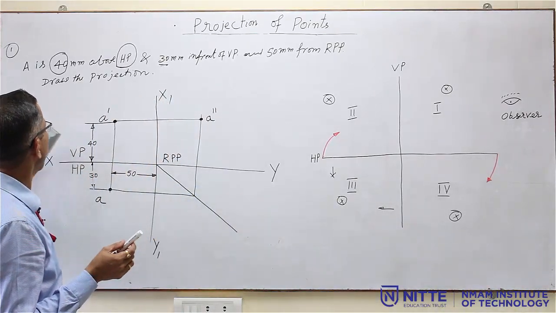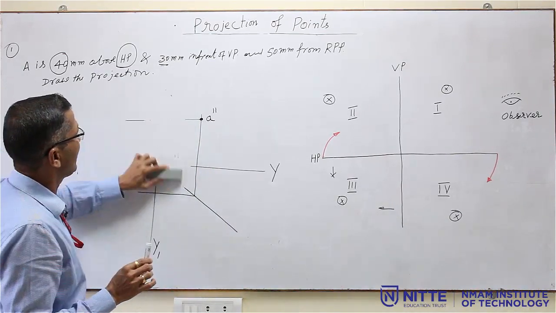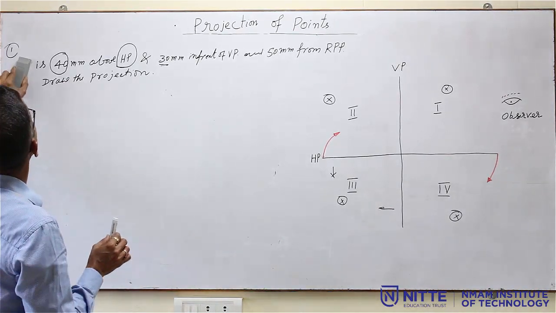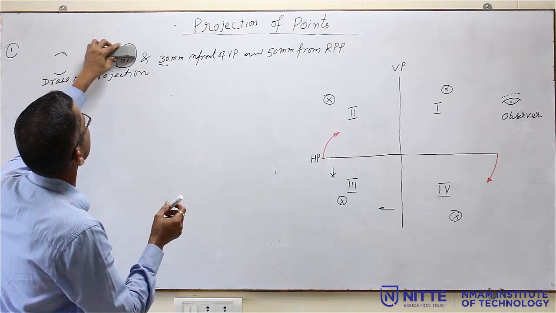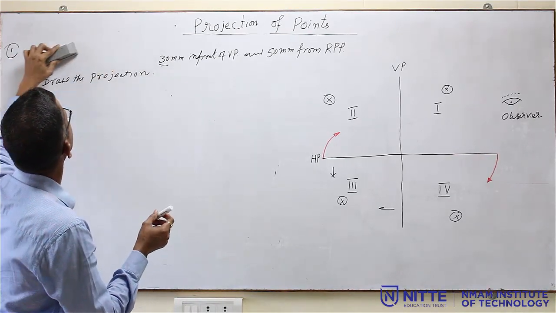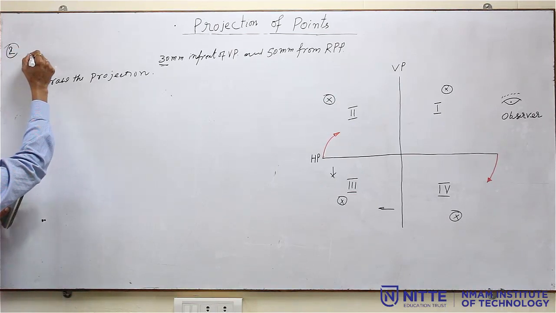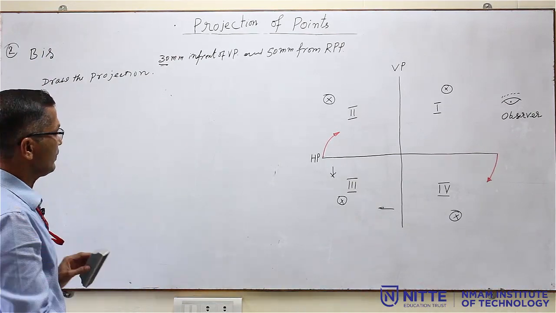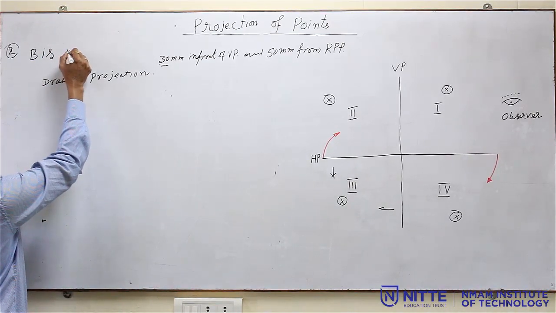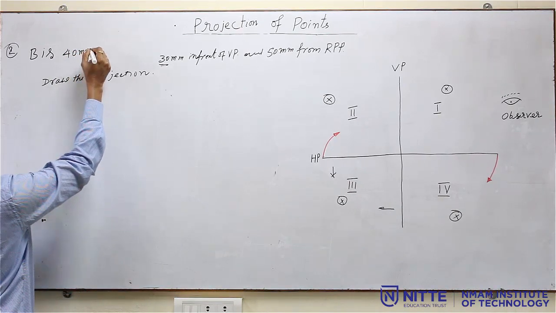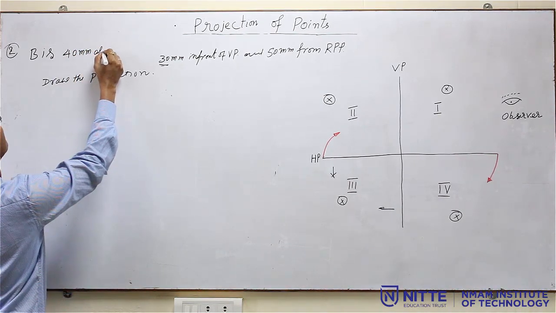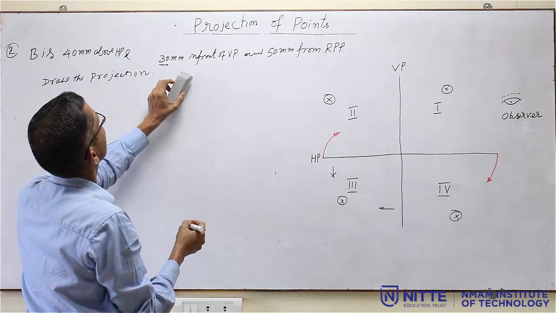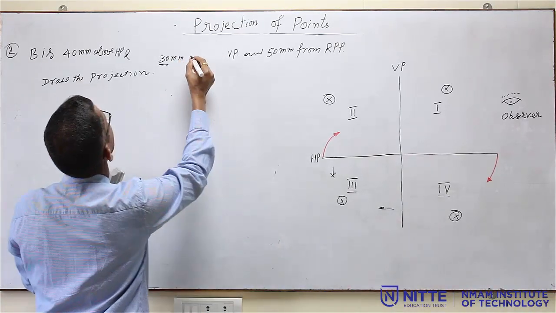Now, we will take a problem from second quadrant and we will solve it to see how it will differ from the first quadrant. Now, I will give the name as point B. Second problem, a point B is 40 mm above HP and 30 mm behind VP.